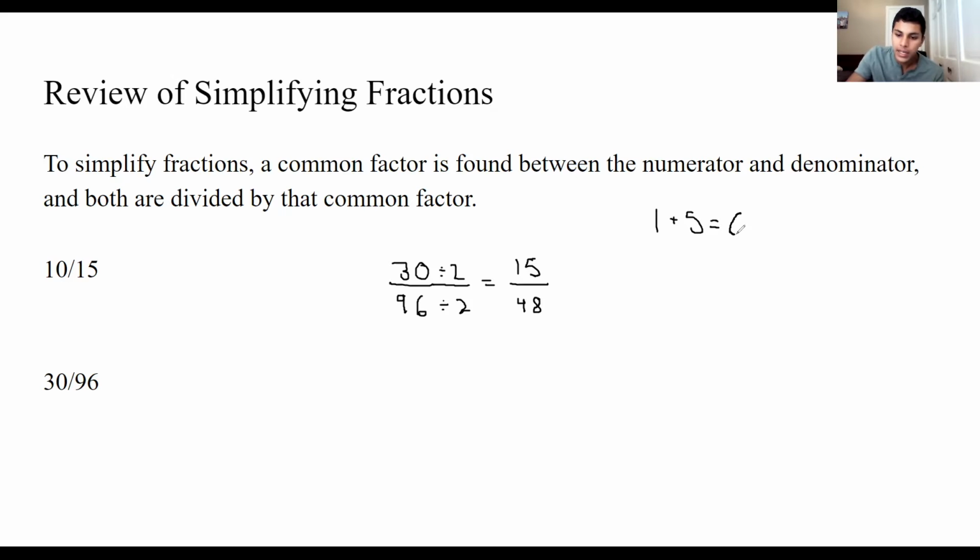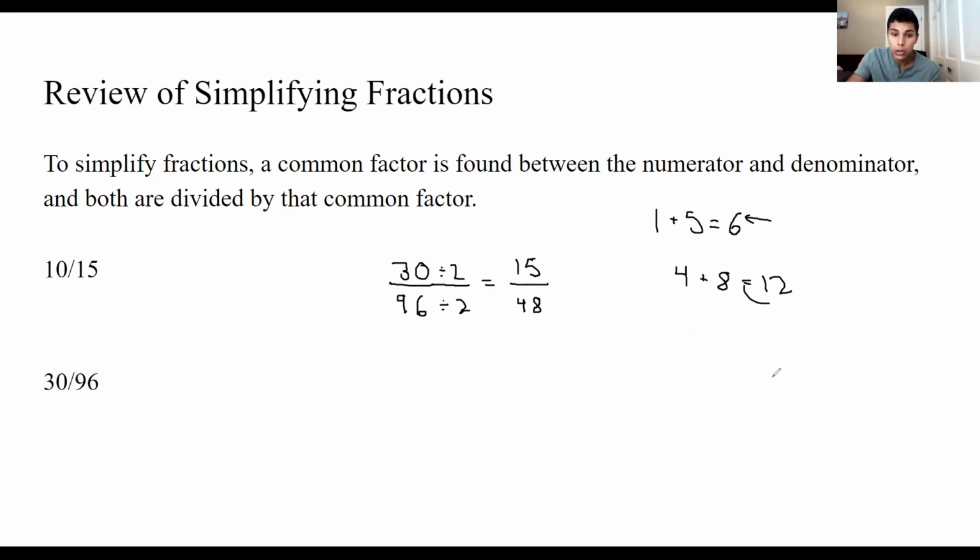If it results in a number that is divisible by 3, such as 6, then the original number is divisible by 3. For 48, we add 4 plus 8 and get 12, and 12 is divisible by 3. So therefore, 48 is also divisible by 3.